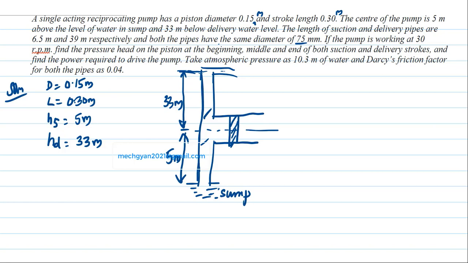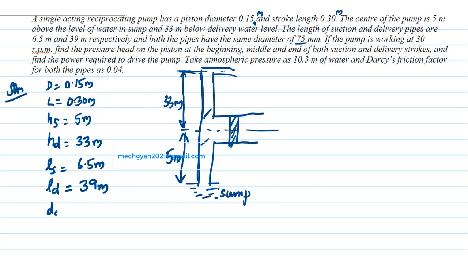Now, both the pipes have same diameter. Length of suction pipe 6.5 meter. Length of delivery pipe 39 meter. And both the pipes have same diameter.